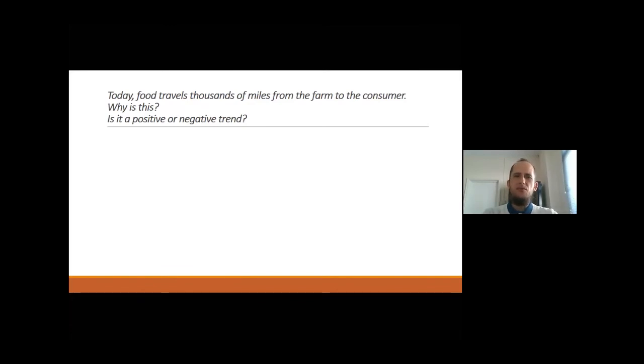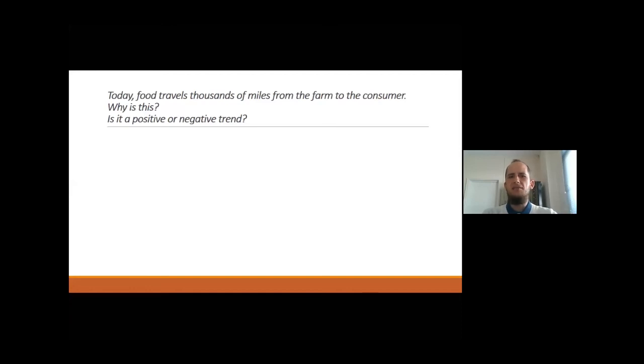Today, food travels thousands of miles from the farm to the consumer. And so they will then start writing a paragraph about how food travels 1,000 miles. And they'll say, yes, nowadays food no longer comes from the backyard, the farm, but it comes from other countries, and they'll just go on and on about this sentence.